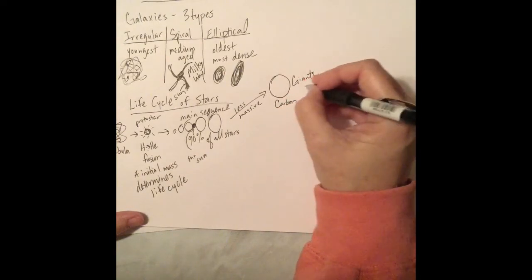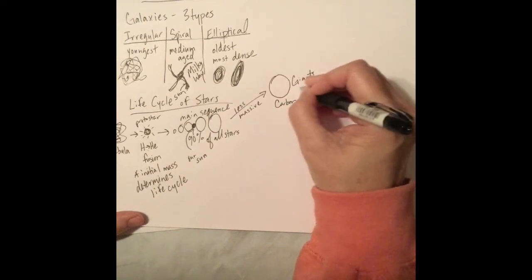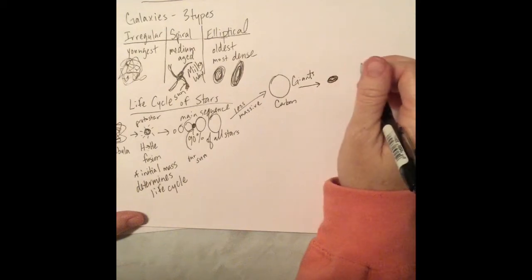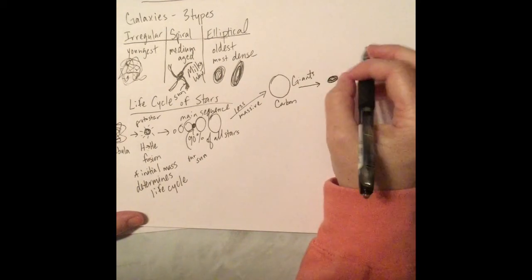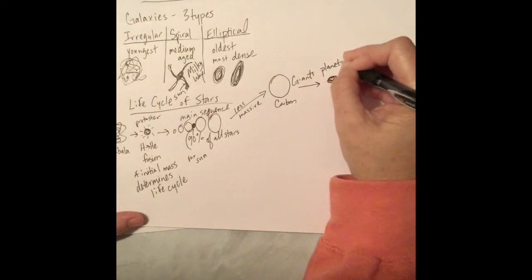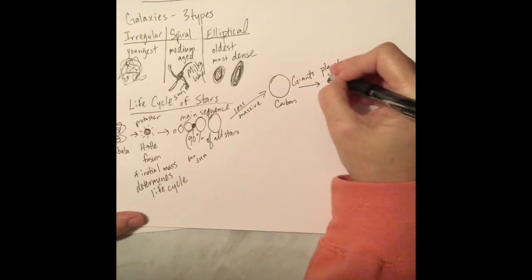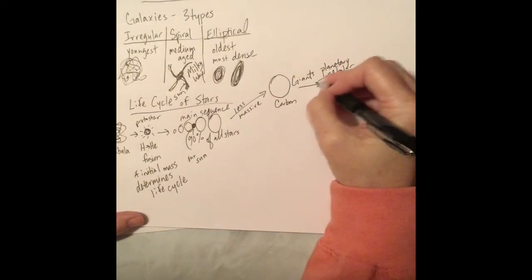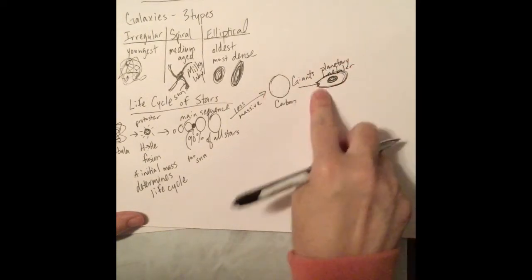And then they begin losing their energy, at which time a planetary nebula occurs, which is where you start seeing this ring around the star.